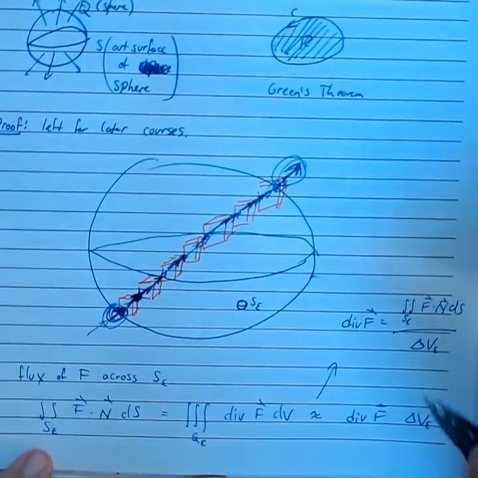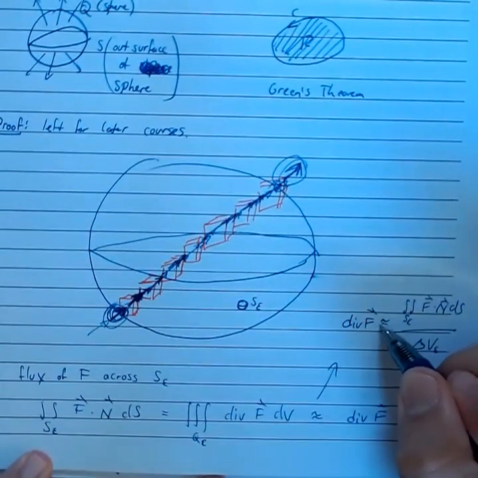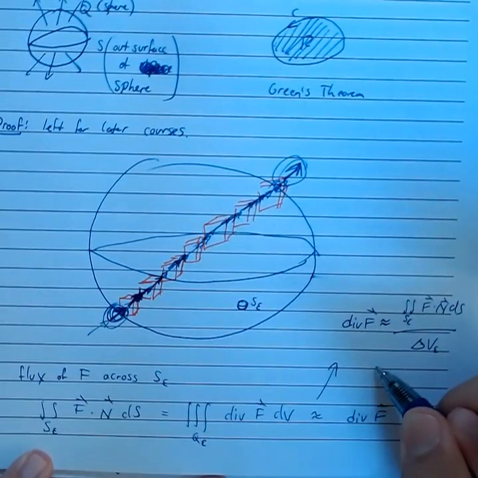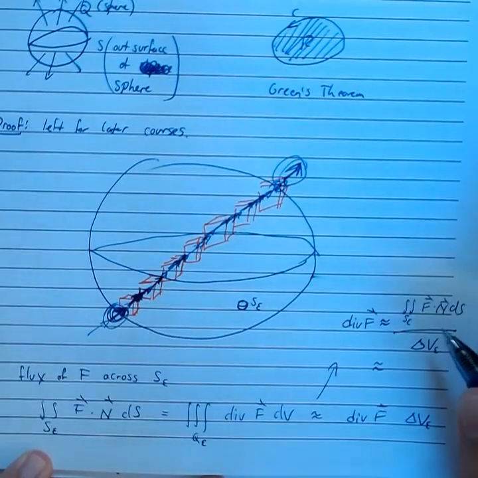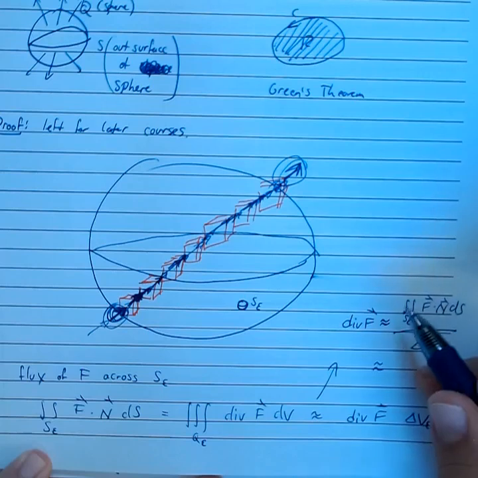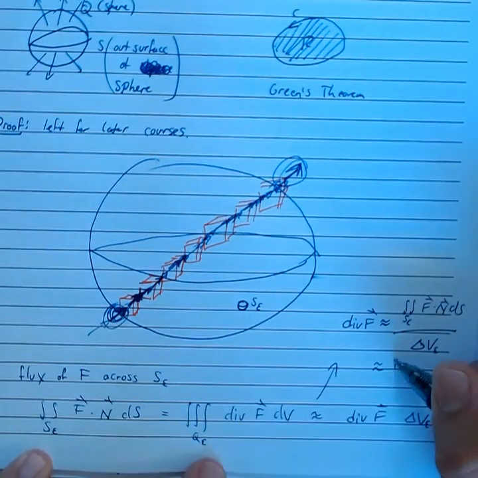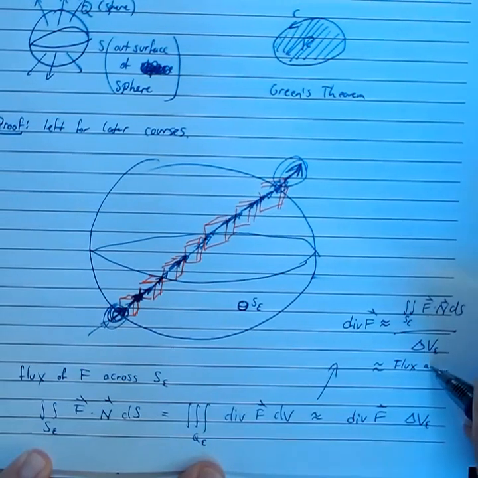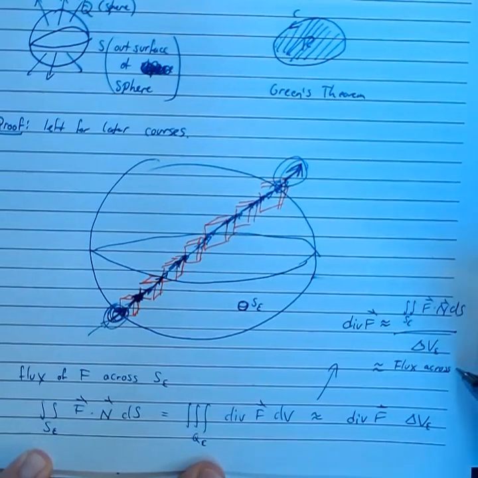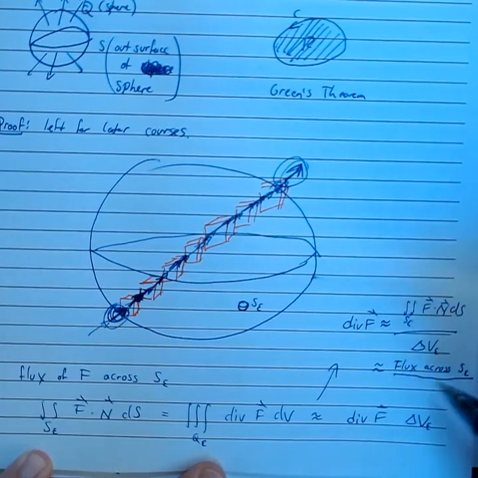Or in other words, the divergence is approximately equal to the flux across S sub epsilon divided by the volume inside of S sub epsilon.